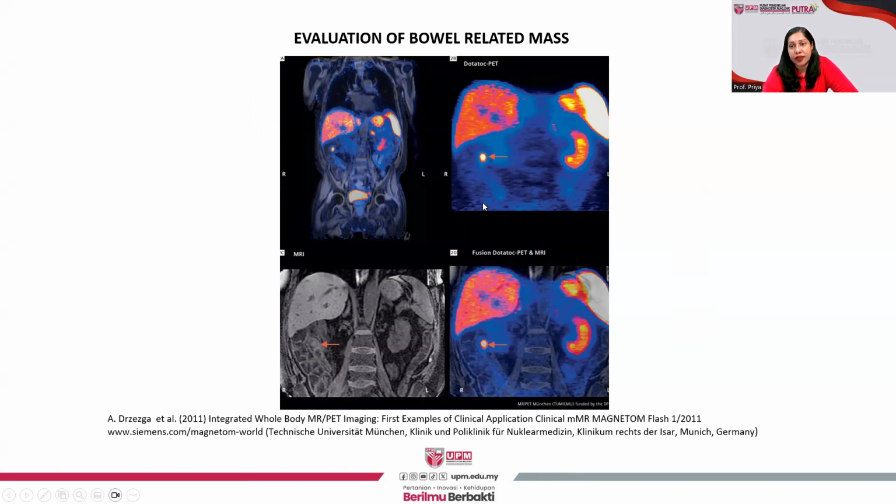On a gallium dotatate scan, this lesion showed high, intense uptake, indicating that this patient had receptors that were taking up the tracer. This is a peptide tracer and was highly suspicious of a neuroendocrine tumor. This patient underwent resection and was confirmed to have a terminal ileum neuroendocrine tumor.